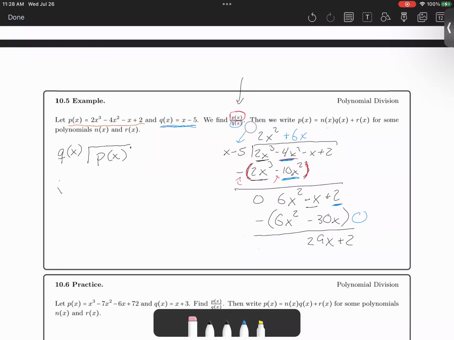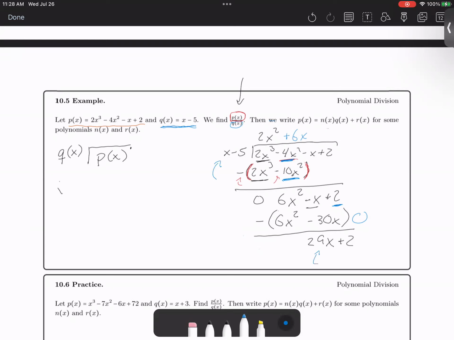All right, let's keep going, because I think we can do this maybe once more. How do I go from x to 29x? I need a 29. Now running this backwards, 29 times x minus 5 gives us 29x, and then 29 times a minus 5 gives us a minus 145.